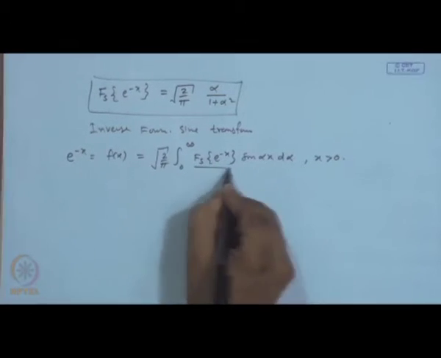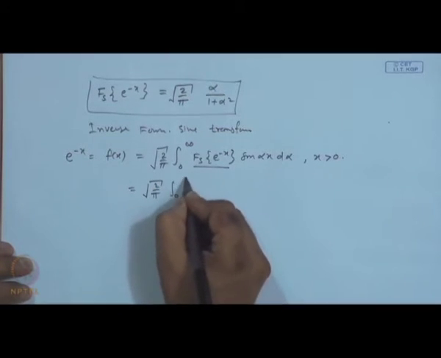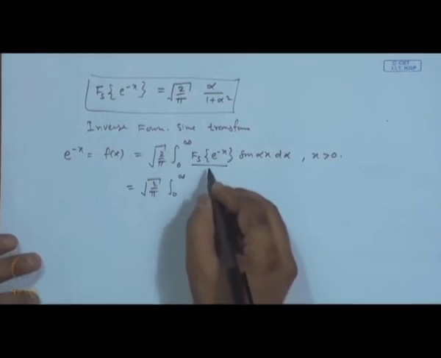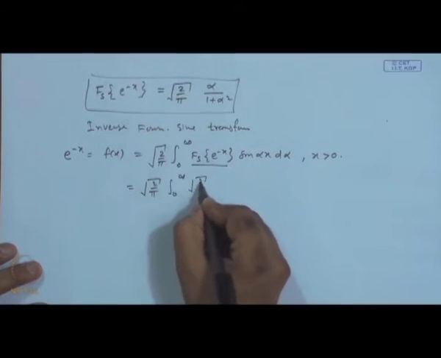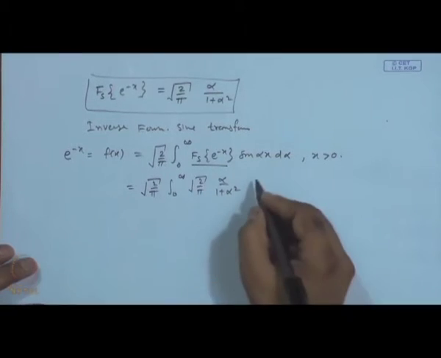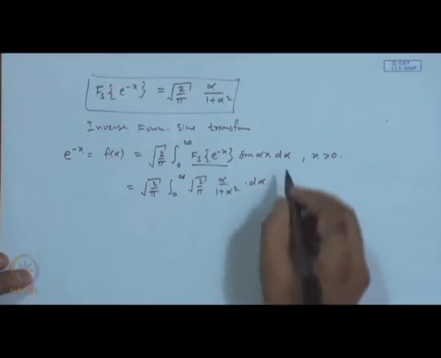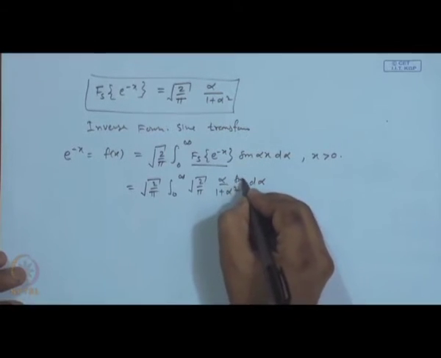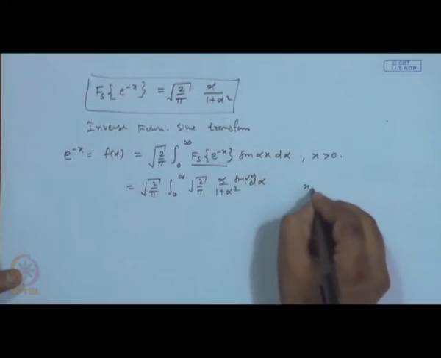So this is what we got already: the Fourier sine transform of e to the minus x is square root 2 over pi times alpha over 1 plus alpha square, and we have this sin alpha x d alpha for x positive.